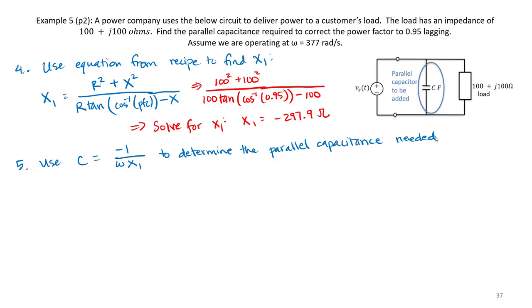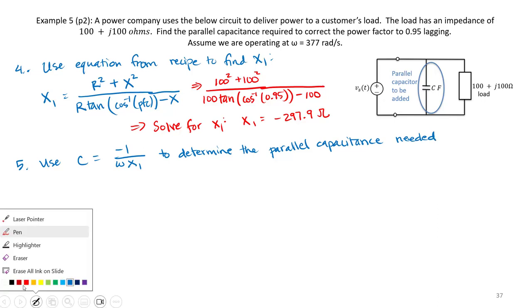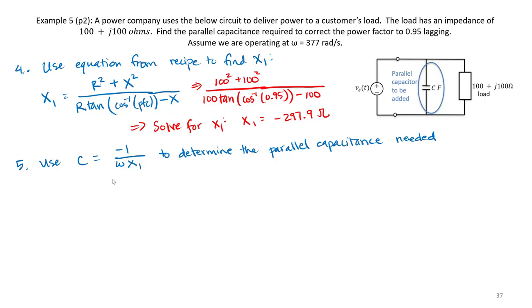So in this case, we substitute and we determine that our capacitance C is just going to be -1 divided by, in this case, our omega is 377. Our X1 is minus 297.9.